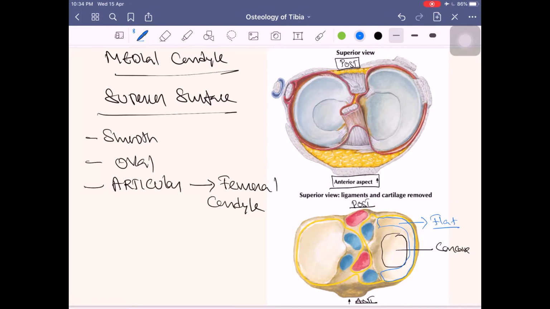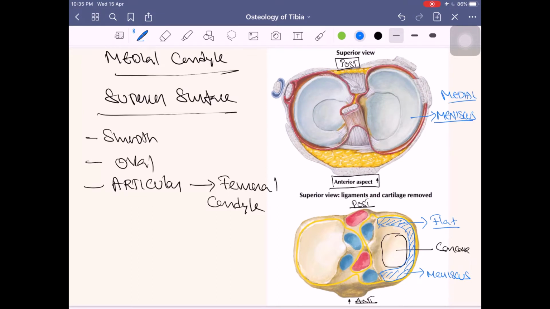Now this peripheral flat part will give attachment to a type of cartilage called fibrocartilage, and that fibrocartilage is what we call a meniscus. So the meniscus is attached to this peripheral flat area. Here in this picture above you can see the meniscus. Since it is present over the medial condyle, you call this the medial meniscus.